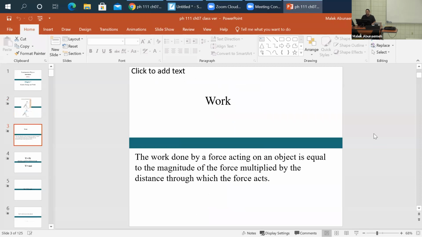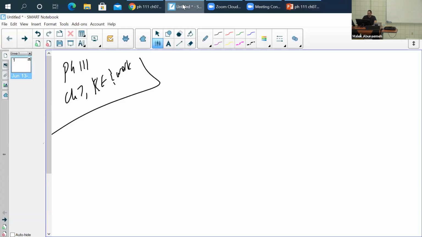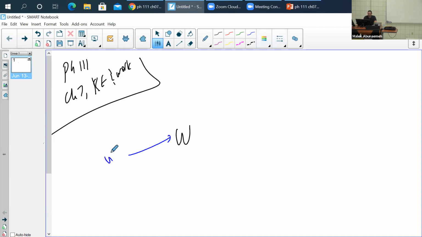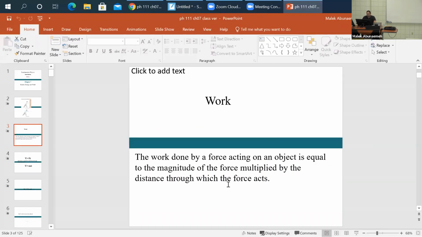Which brings us to our definition of work. The work done by a force acting on an object is equal to the magnitude of the force multiplied by the distance through which the object moves. So your work is going to equal the magnitude of the force multiplied by the distance.